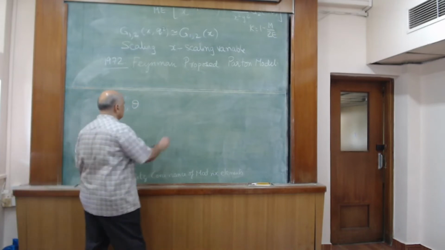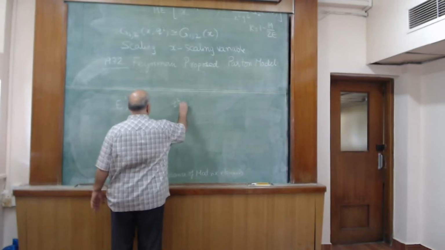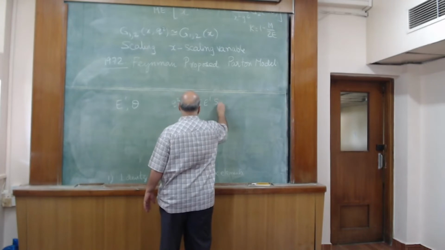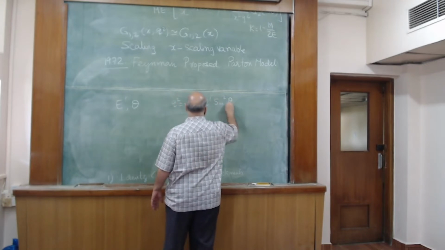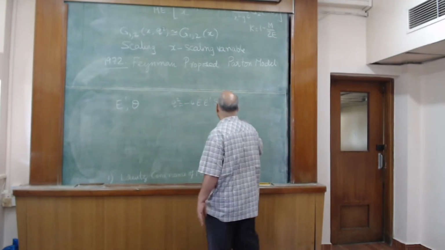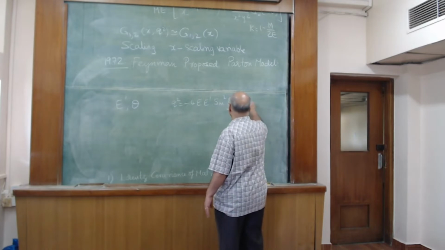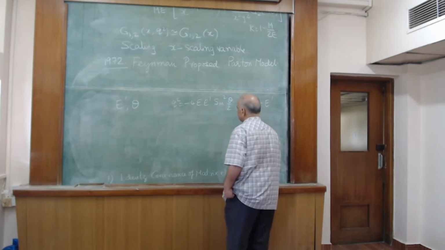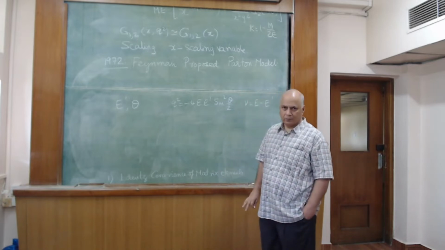And we have q square equal to minus 4 E E prime sine square theta by 2, and nu is equal to E minus E prime.